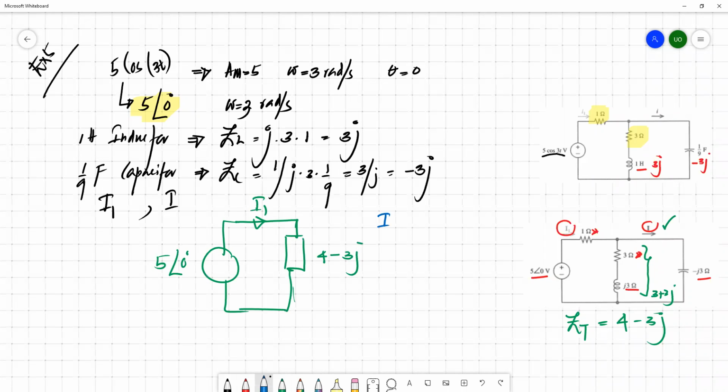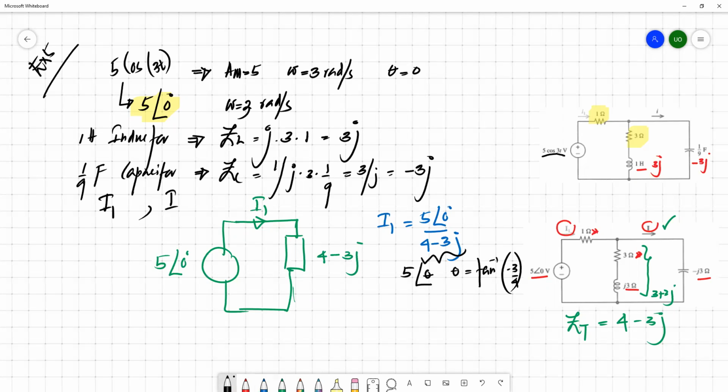So this I1 phasor can be obtained through 5 angle 0 divided by 4 minus 3J. So then you have to convert this into R theta form. So once you convert this, this becomes 5, an angle of theta. So the theta is actually tan inverse minus 3 over 4.